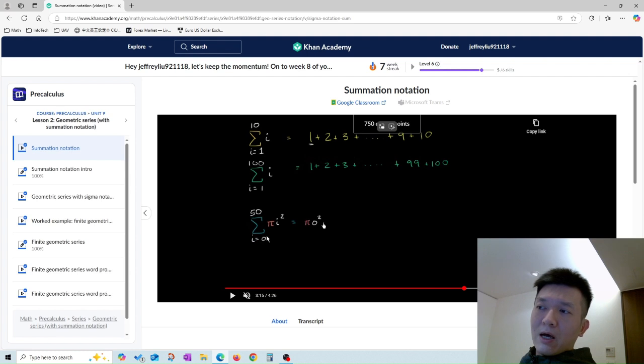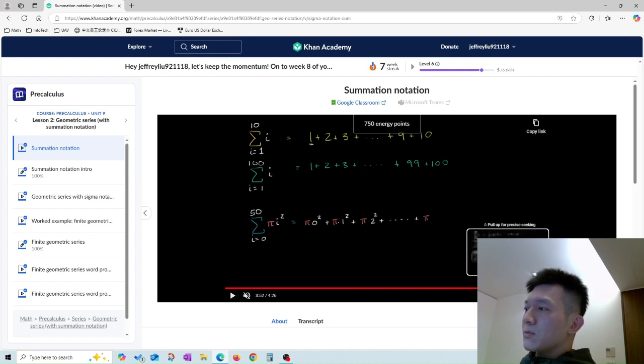You start from i and go all the way to 50, so 0, 1, 2, 3, 4, 5, all the way to 50. You plug in the 1 for the next term, so 1 squared times pi is going to be pi. Okay, all the way down. So that's the formula and our notation for summation.